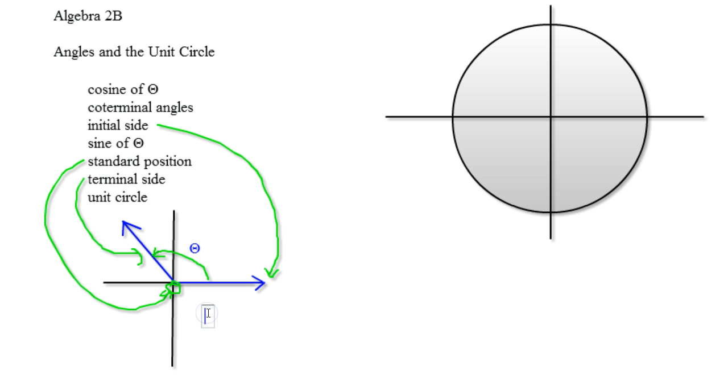Now, counterclockwise is positive, clockwise is negative. This is one of the few times that you're actually going to get a negative angle. A negative angle just means you're going the other direction. So counterclockwise, you're going to go this direction. Clockwise, you're going to go this direction.